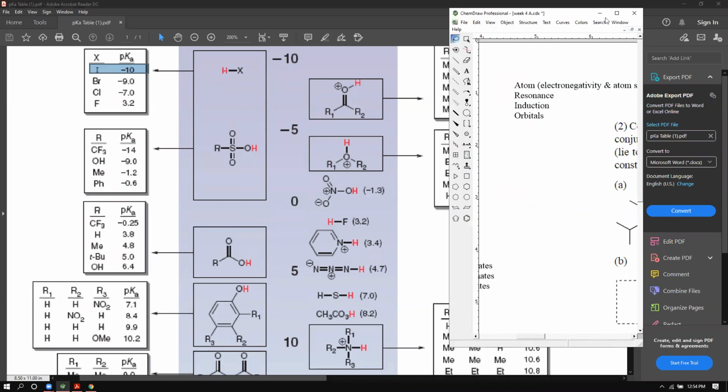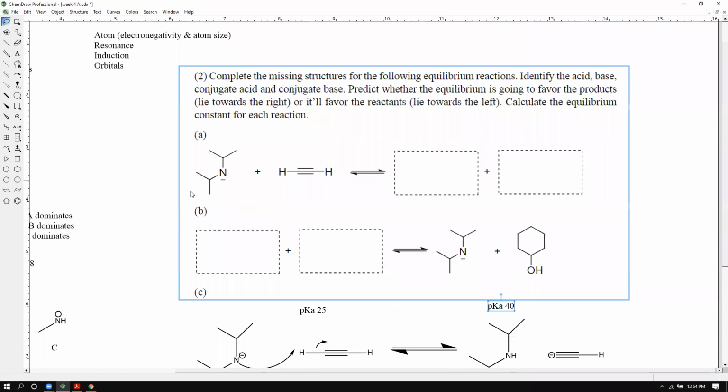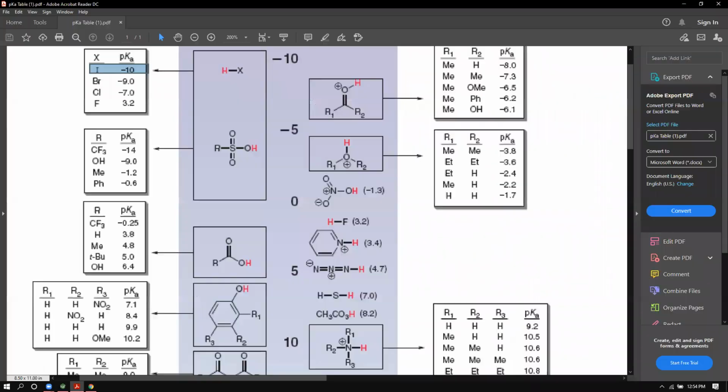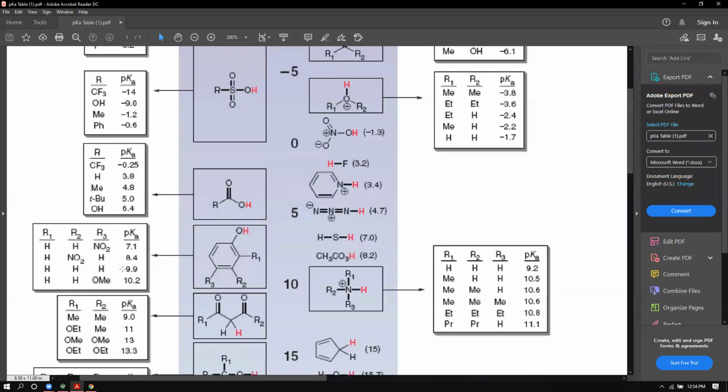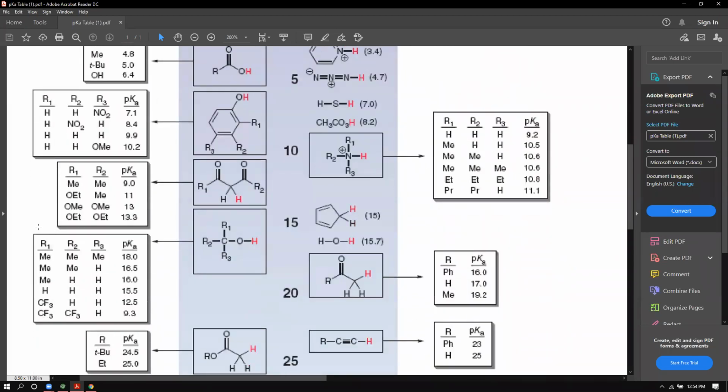All right, next effect is resonance, and I'll come back to that after our next example that I'll do up here. Induction is kind of like electronegativity, except it's not the atom that the proton is directly attached to. Let's look at an example here. So here's some alcohols here.